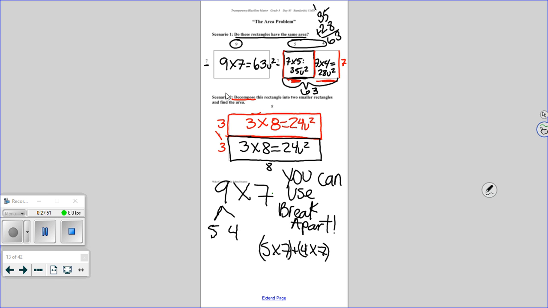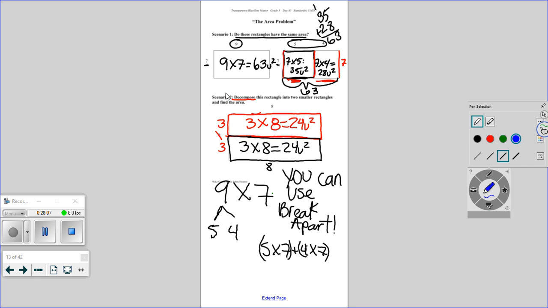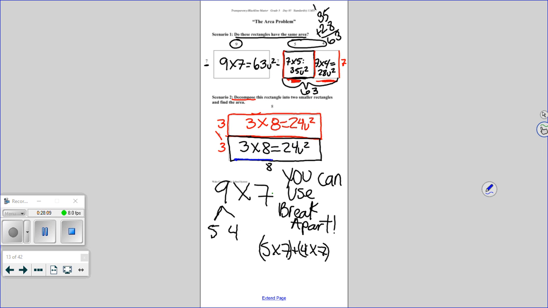So is my total area 24? No, it is not 24. What is my total area equation? Gia? 24 plus 24. Yes. I need to look at the whole thing.